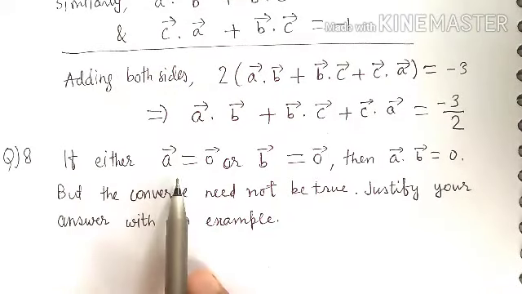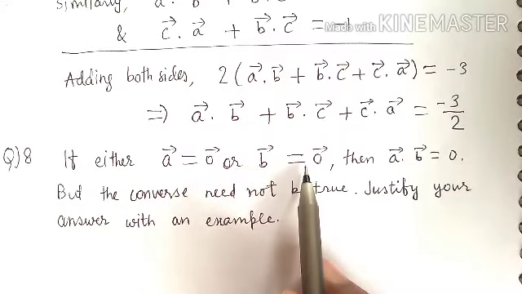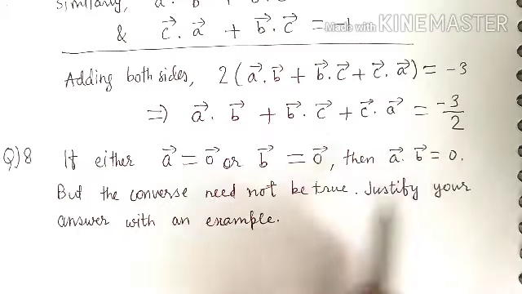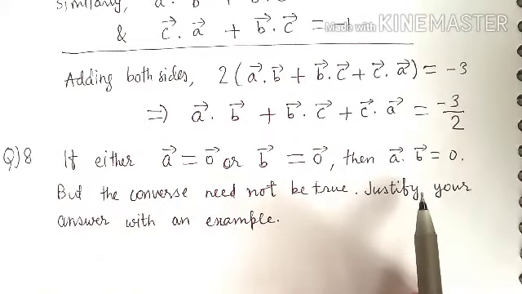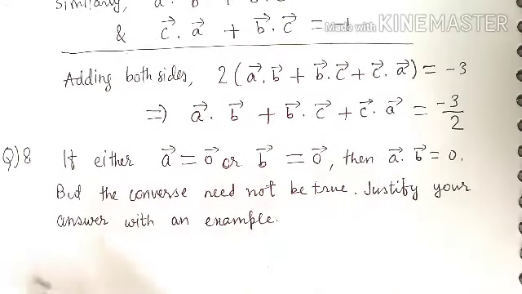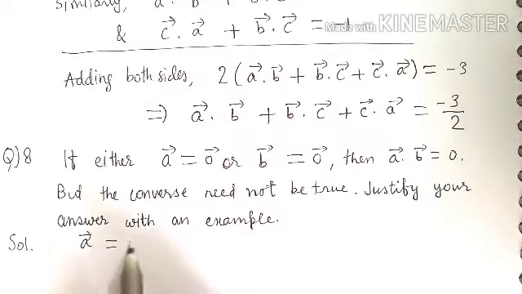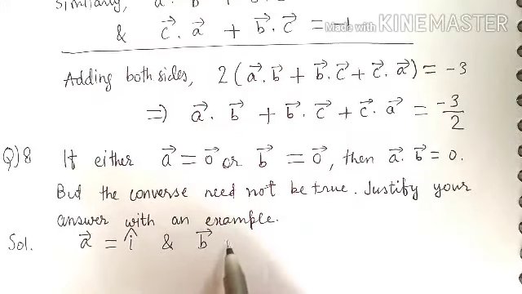If either vector A is equal to 0 vector or vector B is equal to 0 vector, then vector A dot vector B is equal to 0, but the converse need not be true. Justify your answer with an example. Suppose we take vector A as i cap and vector B as j cap.